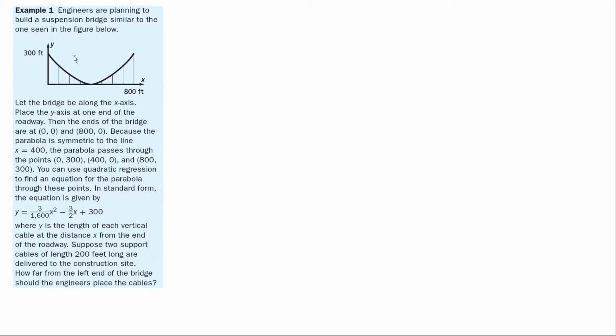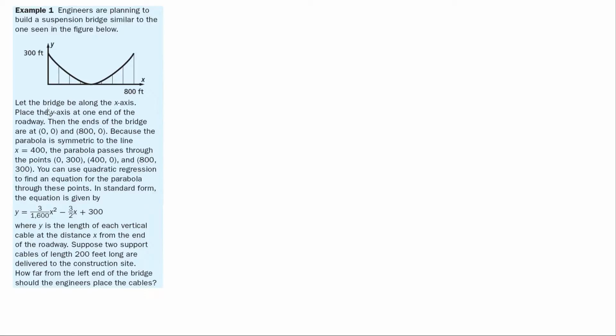Building this bridge, at 0 feet and at 800 feet, the cable is 300 feet high. Halfway in between those, it's at 0 feet, and halfway between 0 and 800 is 400.